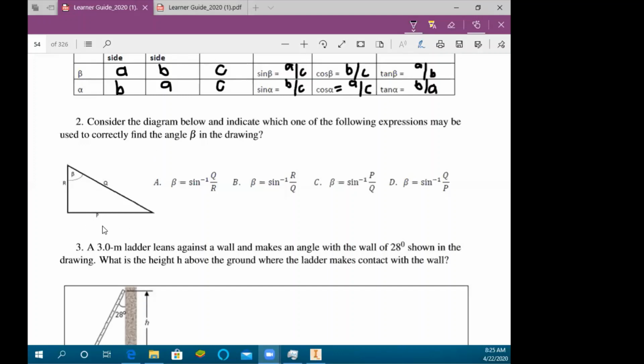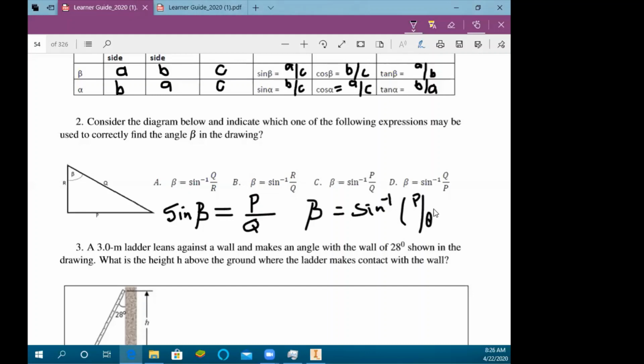So in this case, sine beta is P over Q. Let me just write this down: sine beta is equal to P over Q. So to find beta, x sine P over Q. So just find which one is x sine P over Q. In this case, it's C.